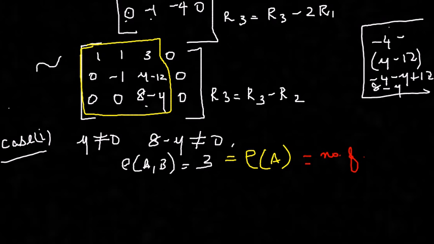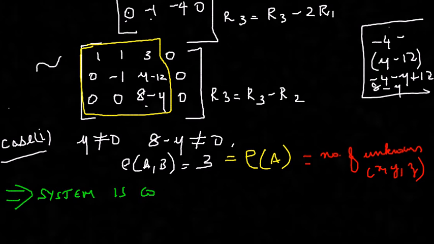What are the unknowns? They are x, y and z. So whenever the rank of the matrix is equal to the number of unknowns, then the system is consistent and it will have a trivial solution. What is a trivial solution here?